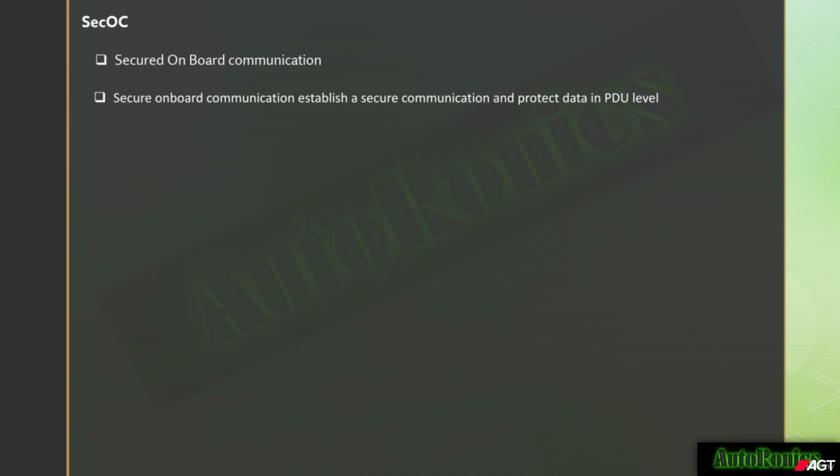Let's see about SECOC. What is the meaning of SECOC? SECOC stands for Secure Onboard Communication. It establishes secure communication and protects the data at the PDU level. The feature of SECOC is that it ensures integrity using MAC generation and protection at the PDU level.